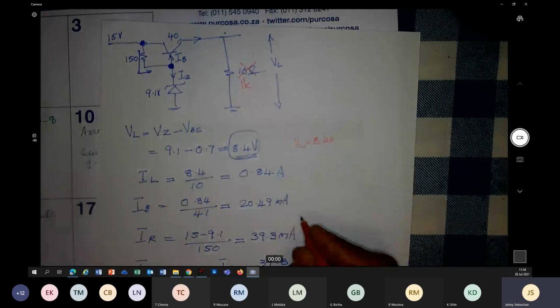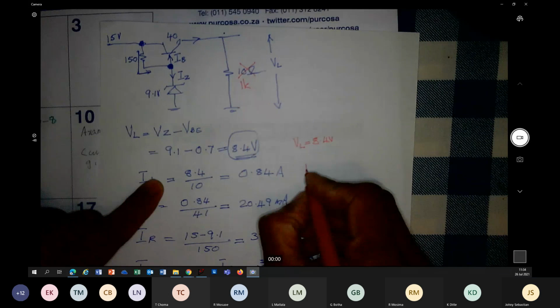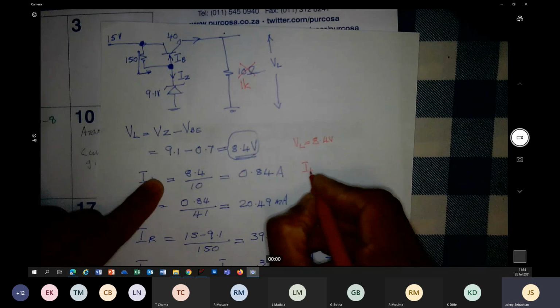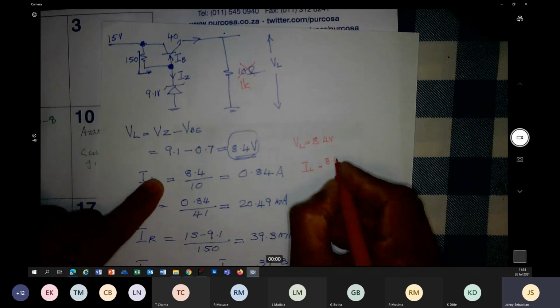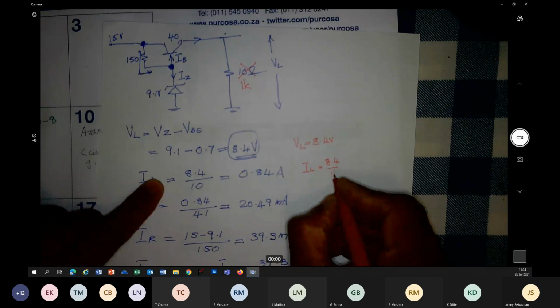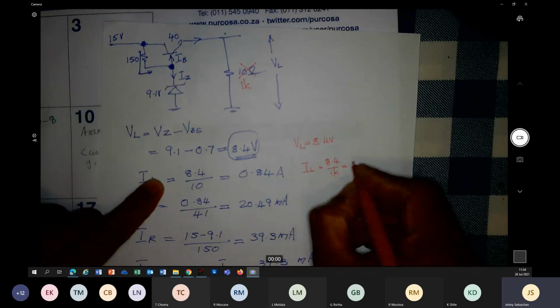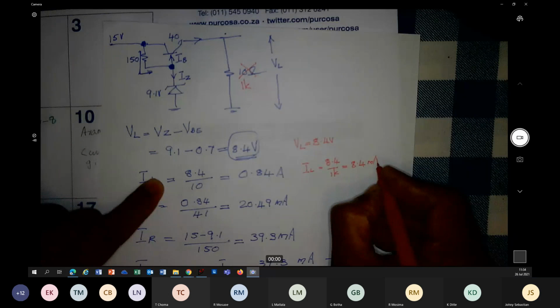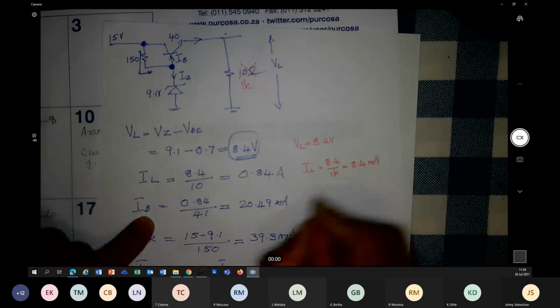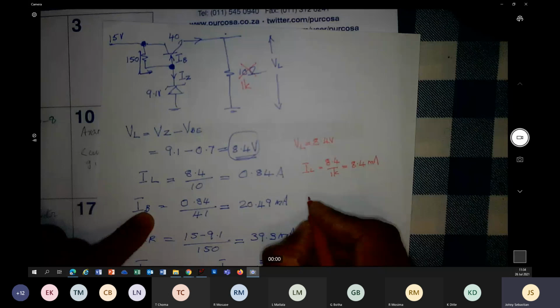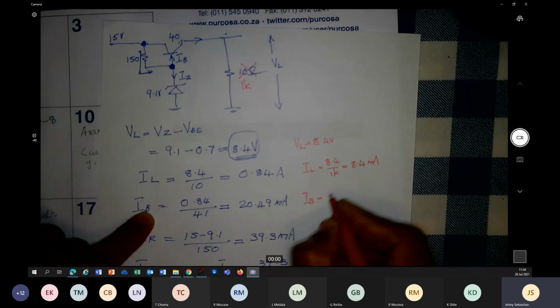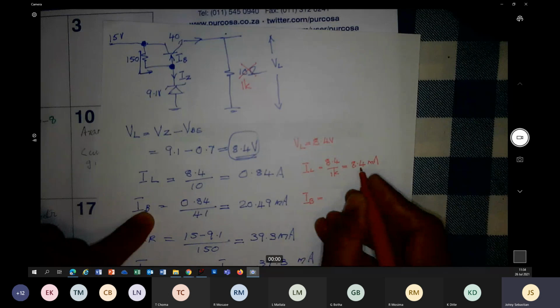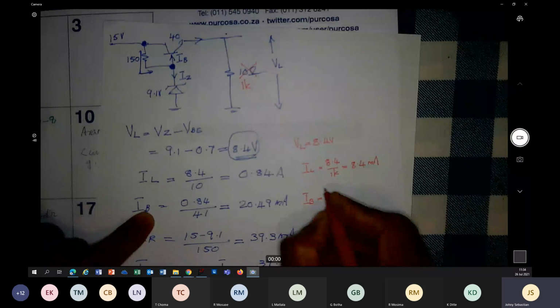IL is definitely going to change. 8.4 divided by 1K, that is 8.4 milliampere. IB, the base current, equals emitter current divided by beta plus 1. Work it out.